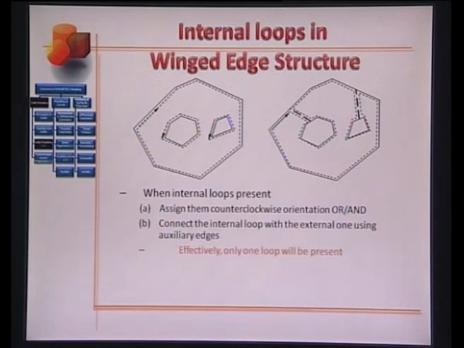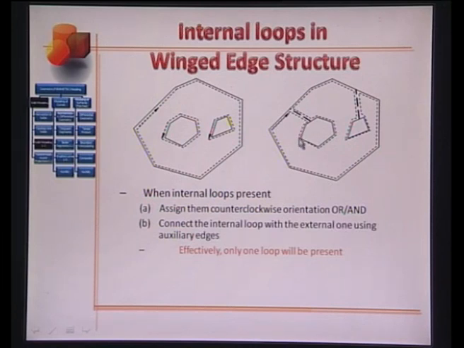What happens in effect is that only one loop remains. Look at this figure, for instance. If I start traversing from this vertex clockwise, I go from here to here, then traverse towards the internal loop.